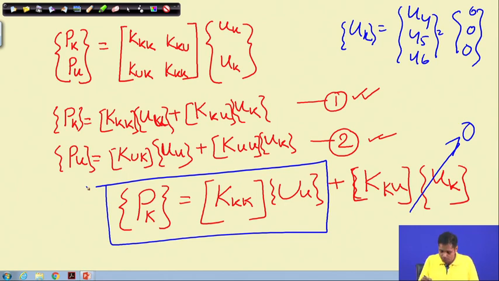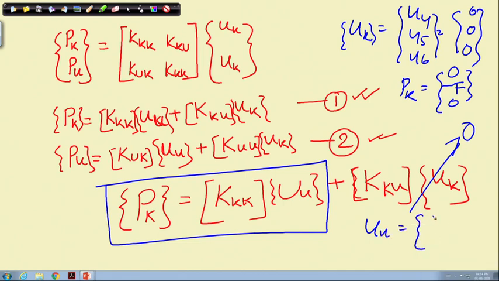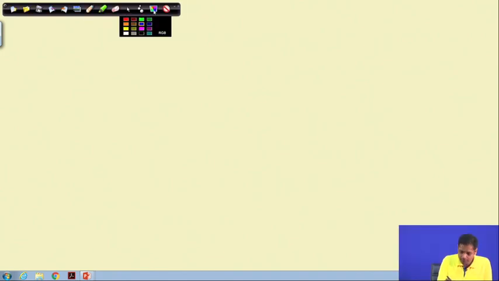Okay. And in this expression what do we know? We know that P_k is equal to 0, minus f, 0, and U_u is equal to U1, U2 and U3. Okay. Now, let us solve this equation.